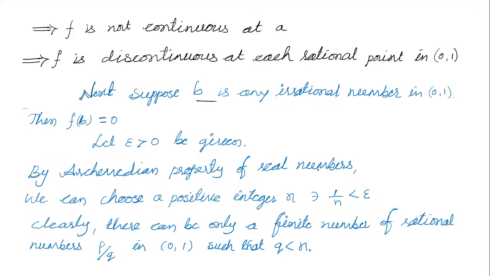By Archimedean property of real numbers, n is unbounded, so we can choose a positive integer n such that 1 by n is less than epsilon. Clearly, there can be only a finite number of rational numbers p by q in 0, 1 such that q is less than n.